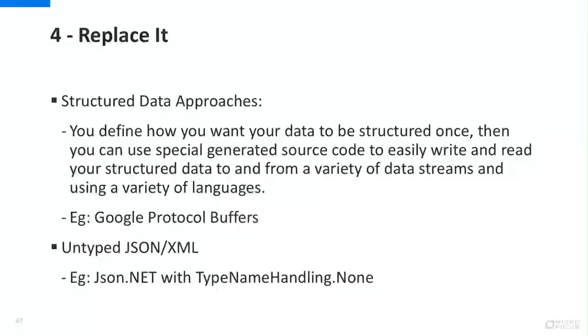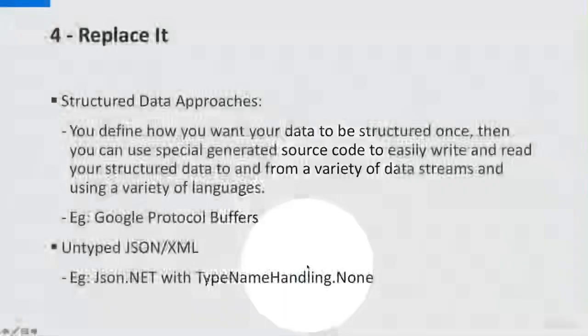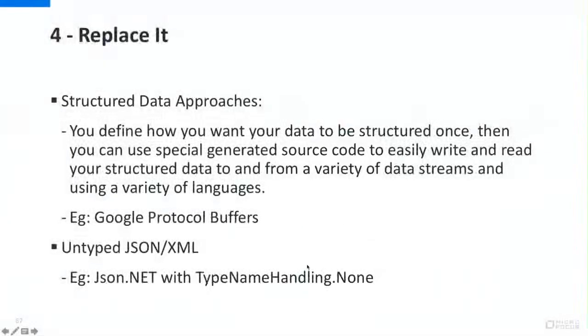Yeah, so that's this approach, and basically the only case where you really need to include type information that I can think of is if you are dealing with, for example, polymorphic types, where you may send an instance of an animal, but you need the type information to know if you need to reconstruct a dog or a cat. And that's the whole purpose of all these type name handling things, the JavaScriptSerializer, the SimpleTypeResolver, and so on.